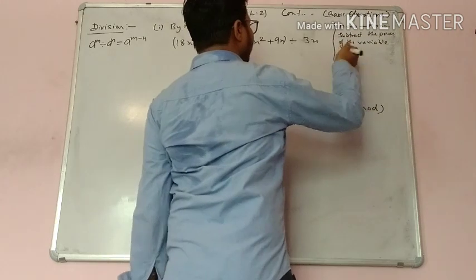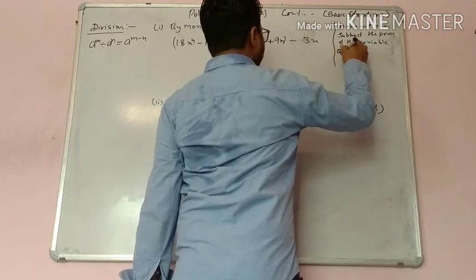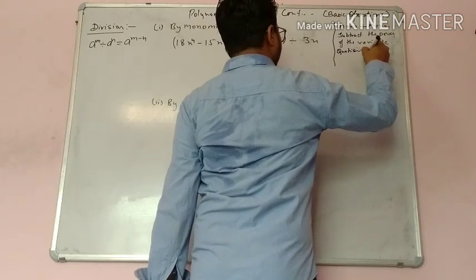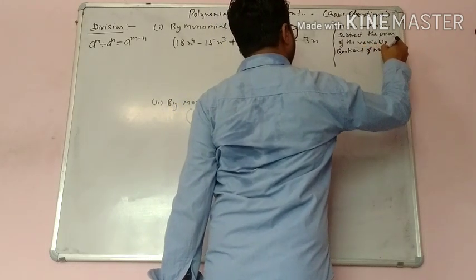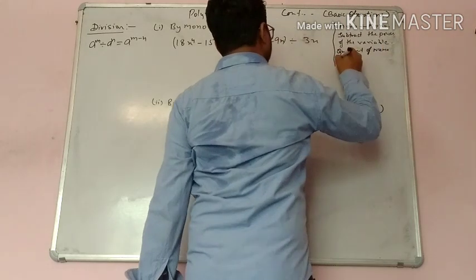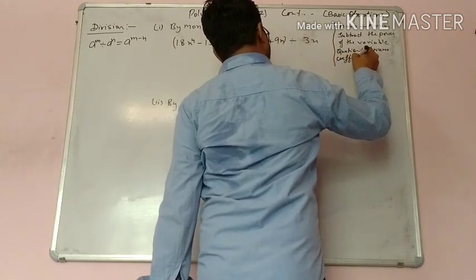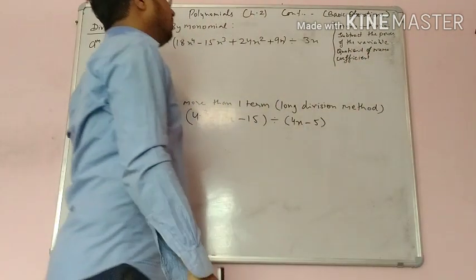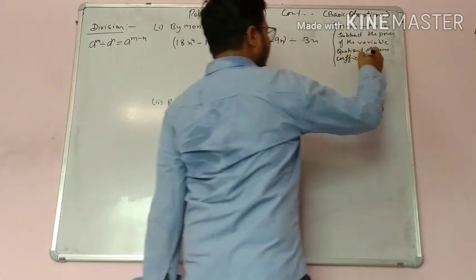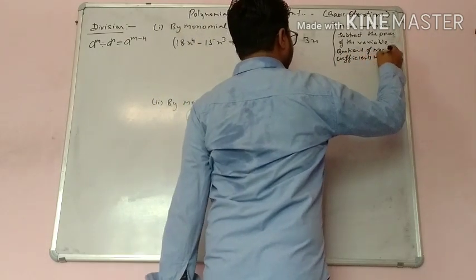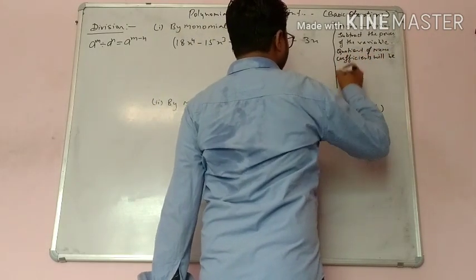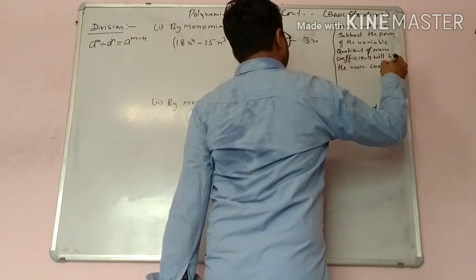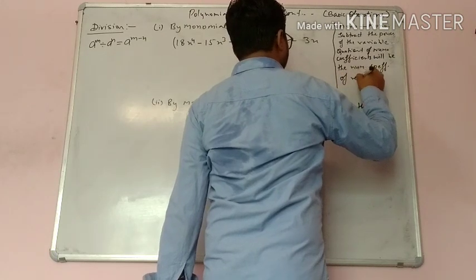Second, the quotient of the numerical coefficients will be the numerical coefficient of the resultant.